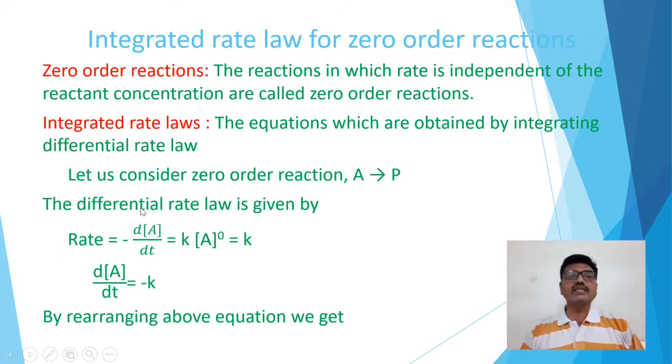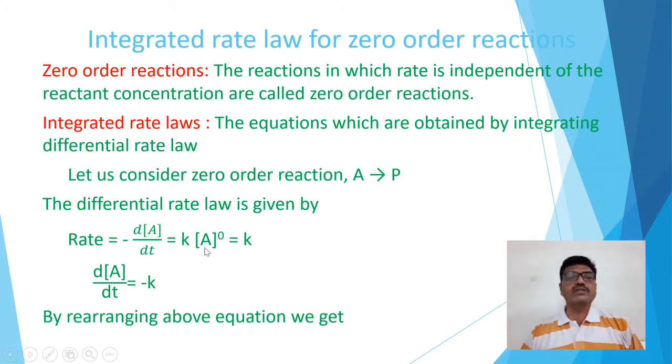We know the differential rate law, which is given like this. Rate is equal to the consumption of the reactant A, that is how the reactant is utilized. See here.